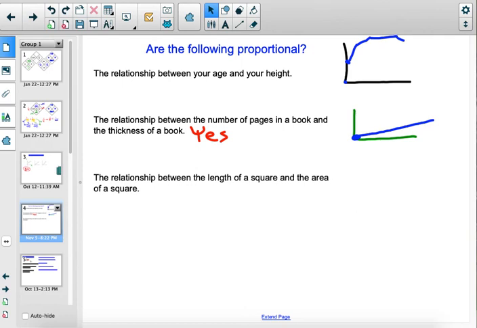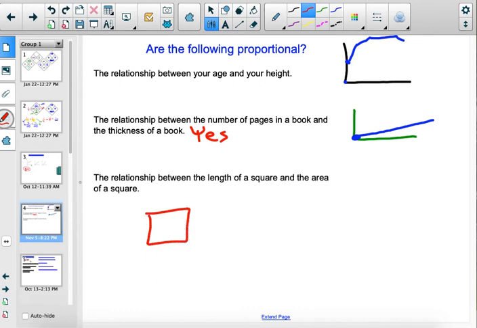Well, Haley already shared. Okay, what's your reasoning? Because the area of a square is the length and the width, and you just want the length.